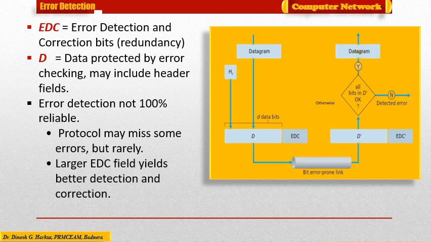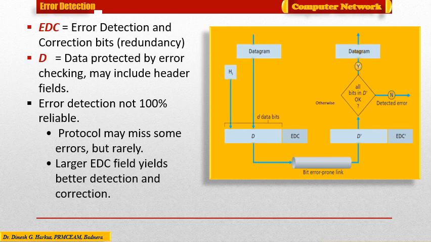At the receiving node, the sequence of bits, D dash and EDC dash, may differ from the original D and EDC as a result of in-transit bit flips, as the link is error prone. There is a probability that bits may get flipped, so the frame at the sending side and the frame received by the receiving side may differ. Hence they are represented by D and D dash, EDC and EDC dash.